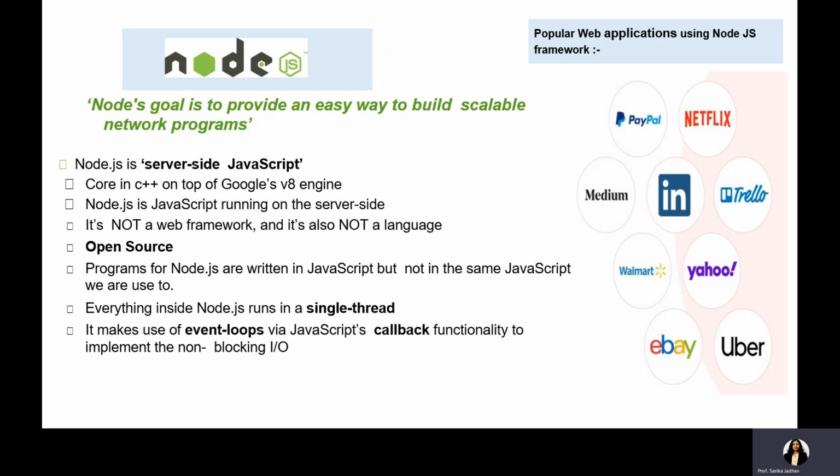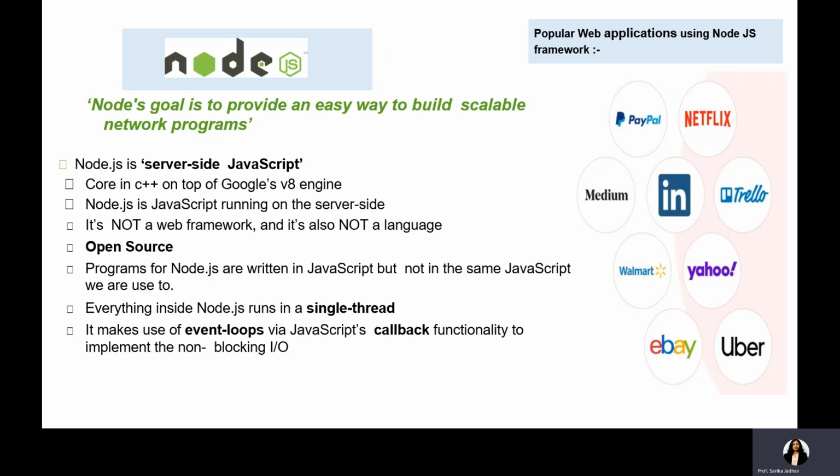Okay, now next, let's take a look at some of the backend web frameworks and why Node.js is known as one of the best web development frameworks, because it is popular as a server-side web framework.